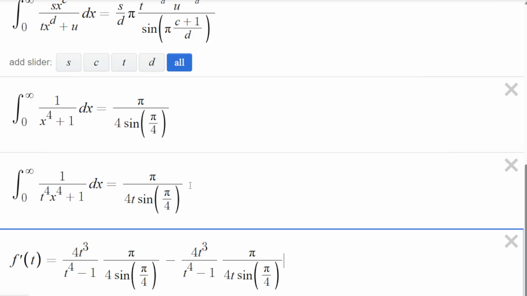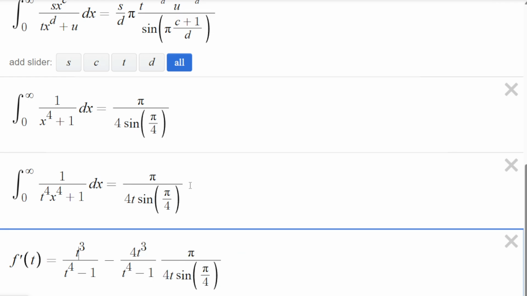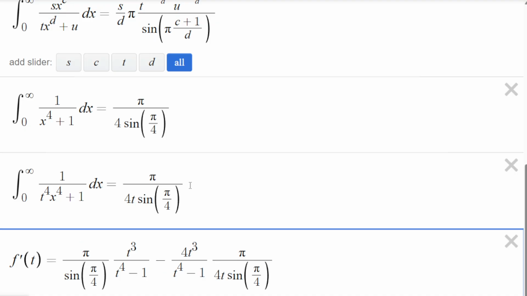Okay, so now let's do some simplifying here. This 4 is going to cancel. This 4 is going to cancel. This is a constant, so let's bring it out front. A t is going to cancel upstairs with this t. The 4 is going to cancel.